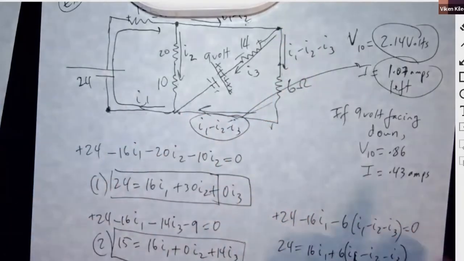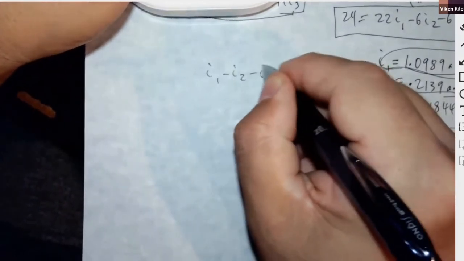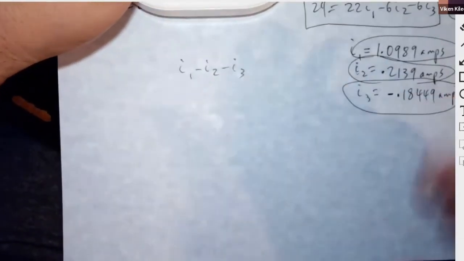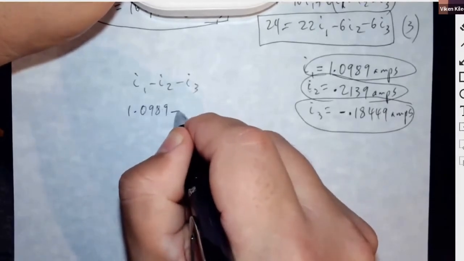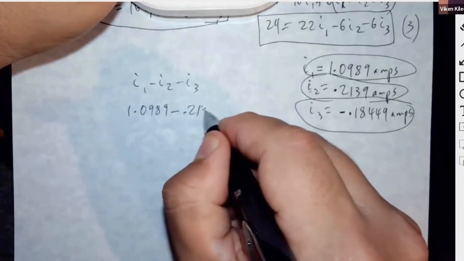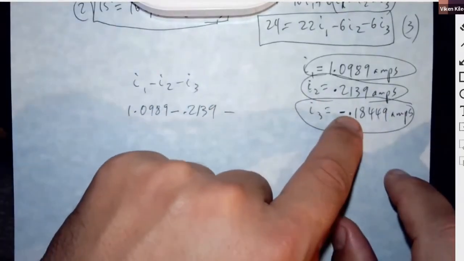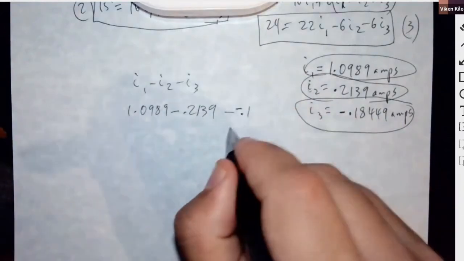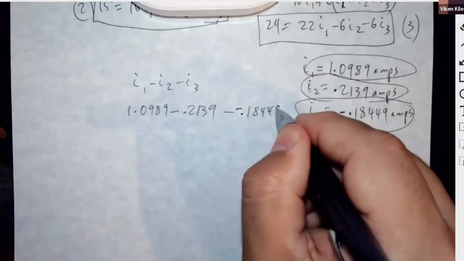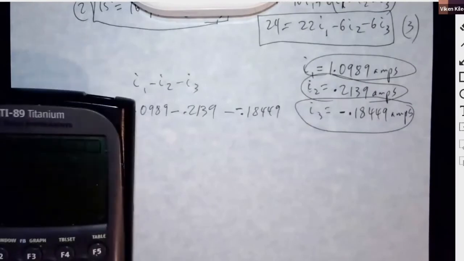You see, so here's the moment of truth. I1 minus I2 minus I3. So 1.0989 minus 0.2139 minus, and of course I3 you have to do negative, right? Negative 0.18449. If it comes out negative, you're flipping it. Okay, here we go.